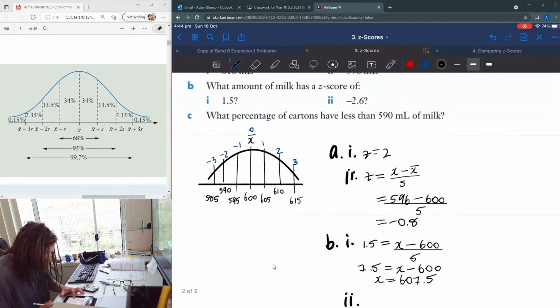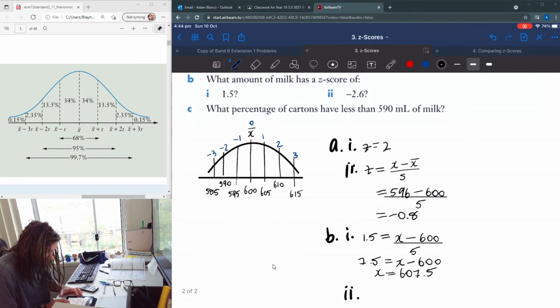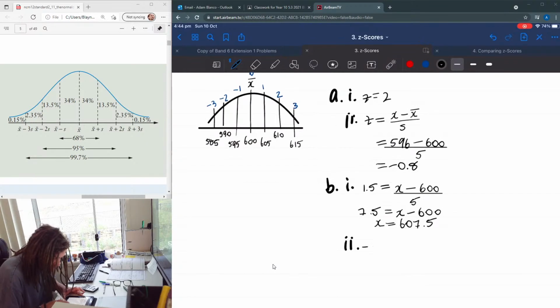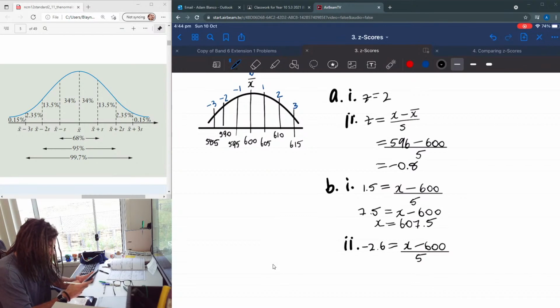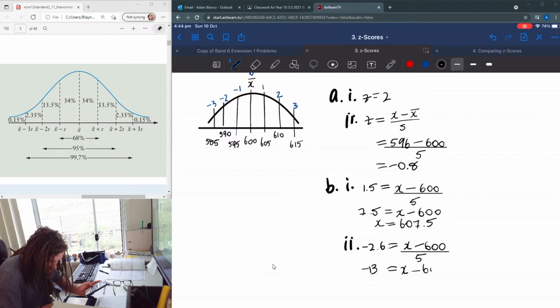Okay. All right, a Z score of negative 2.6. So negative 2.6 is my score minus the mean over the standard deviation. So I'll multiply the 5 up. Negative 13, what the hell? A nice number. X minus 600.